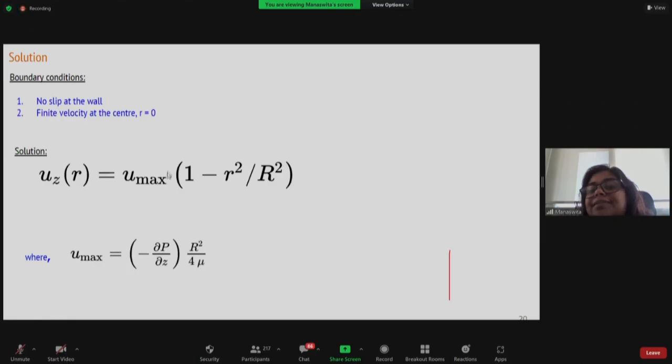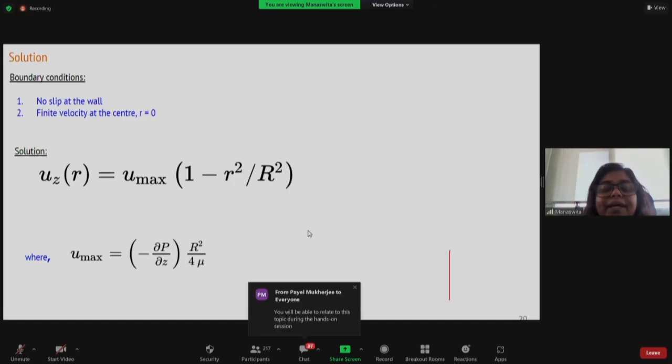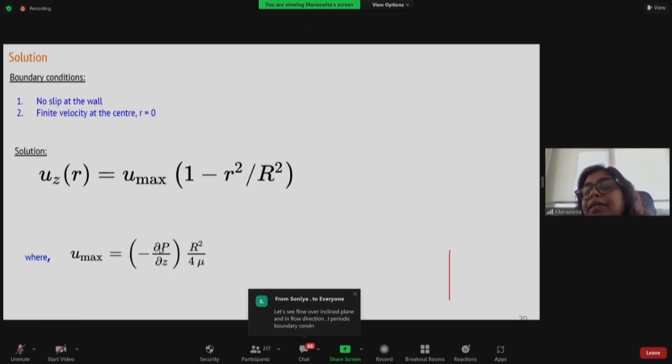U_z(r) is minus partial P partial z, R square by 4 mu, times 1 minus r square by capital R square. In case of fully developed flow, this is linear, so I'll write it as delta P by L. Delta P is P inlet minus P outlet. If I know P outlet and the inlet velocity profile, P inlet gets calculated.